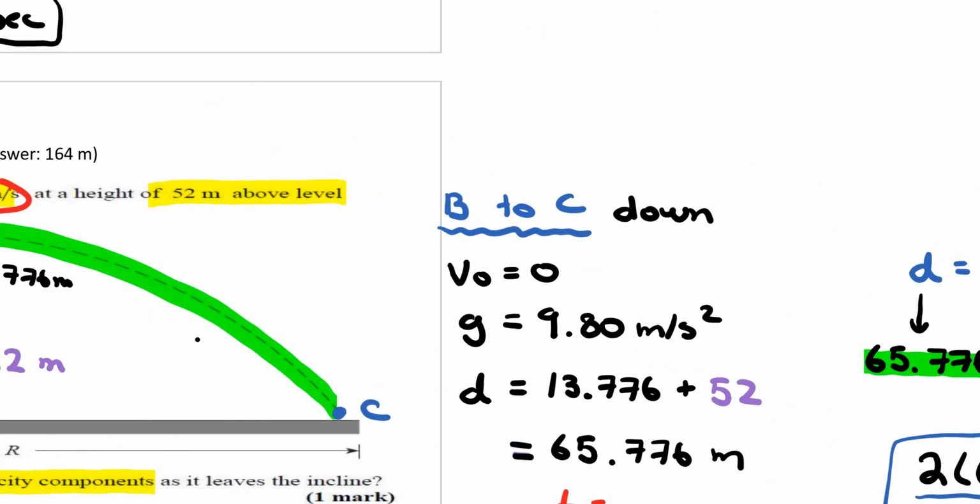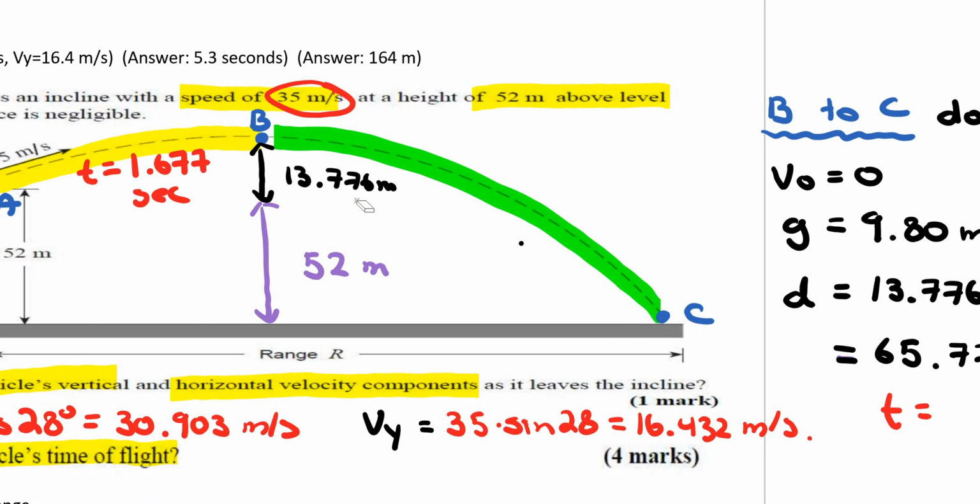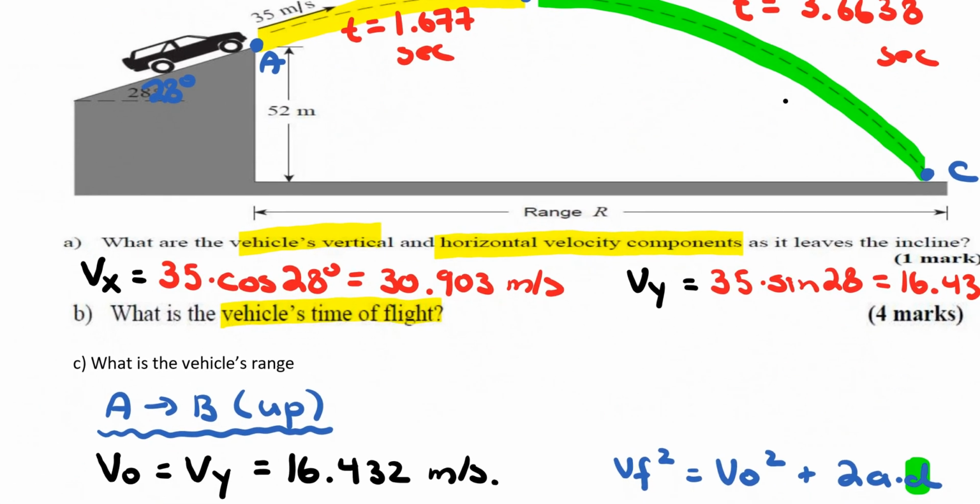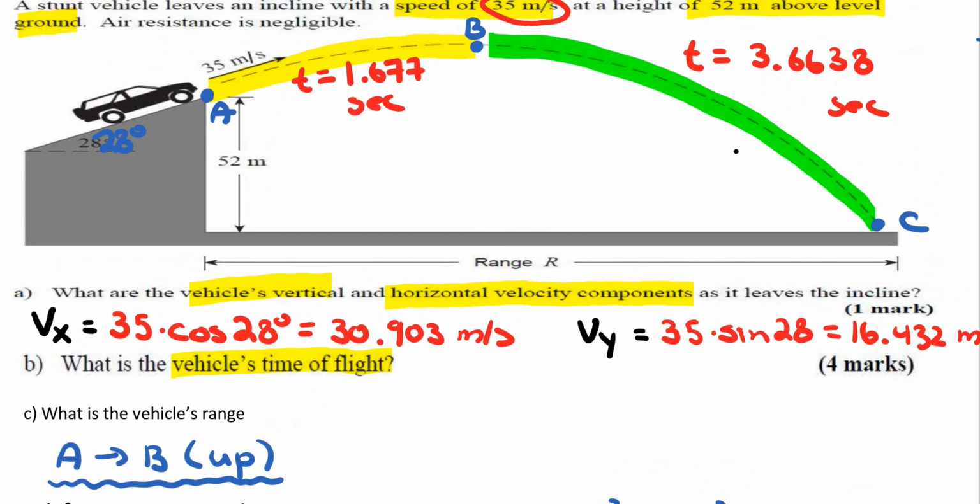Okay, so going back to my visual diagram here, let me just erase all this. So what we just figured out is that, from B to C, the time it takes for this projectile to go from B to C is going to be 3.6638 seconds. Alright, so going back to part B now, what is the vehicle's time of flight?